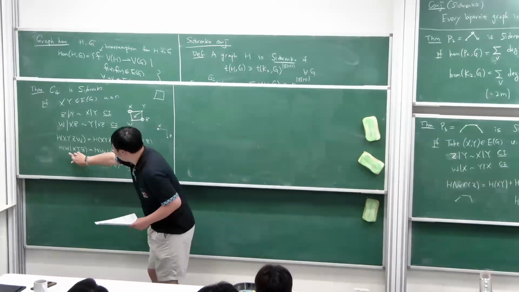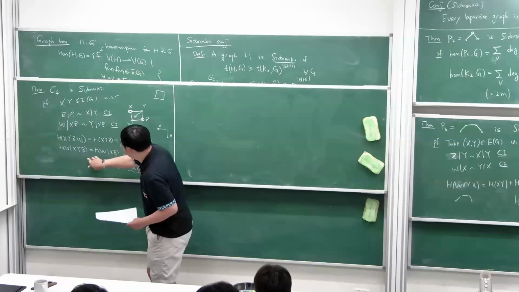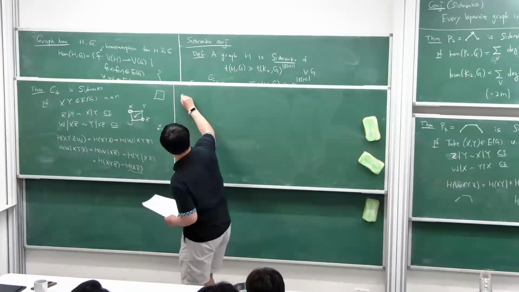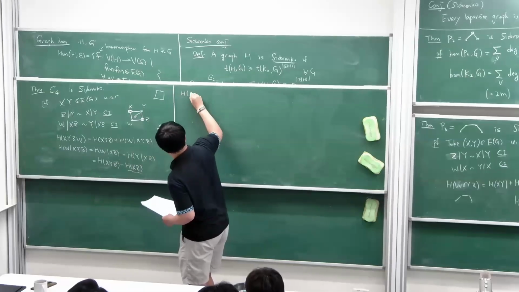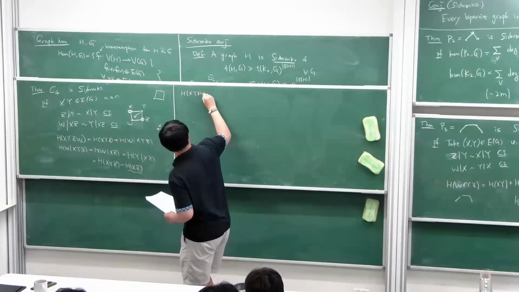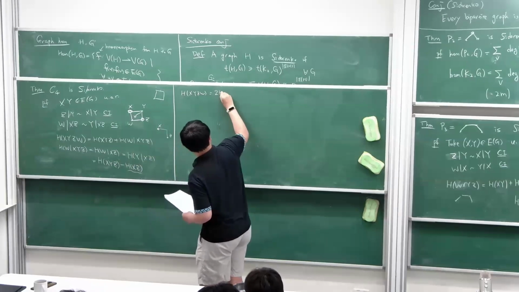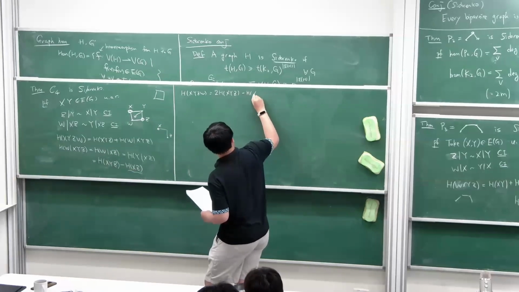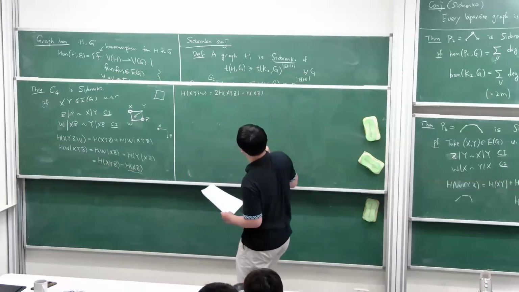So now we rewrite this W condition XYZ as the difference between these two terms. So let's put it back. The entropy of the 4 terms is the same as twice the entropy of XYZ minus the entropy of XZ.